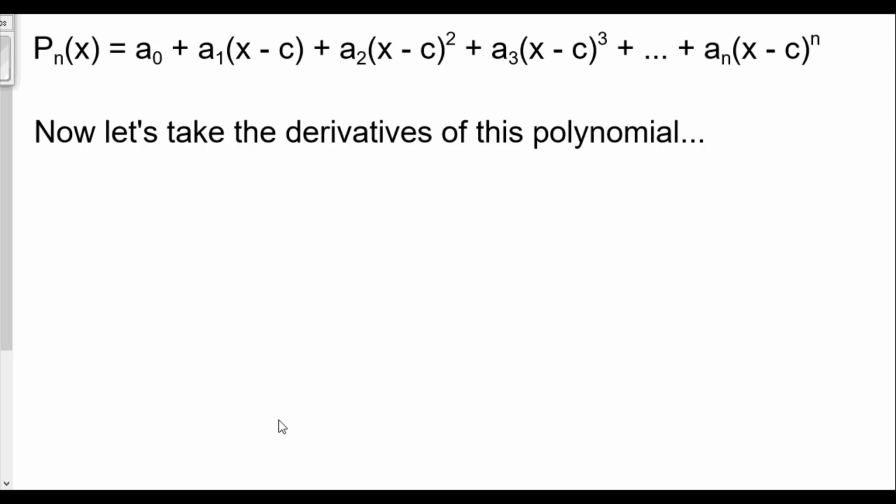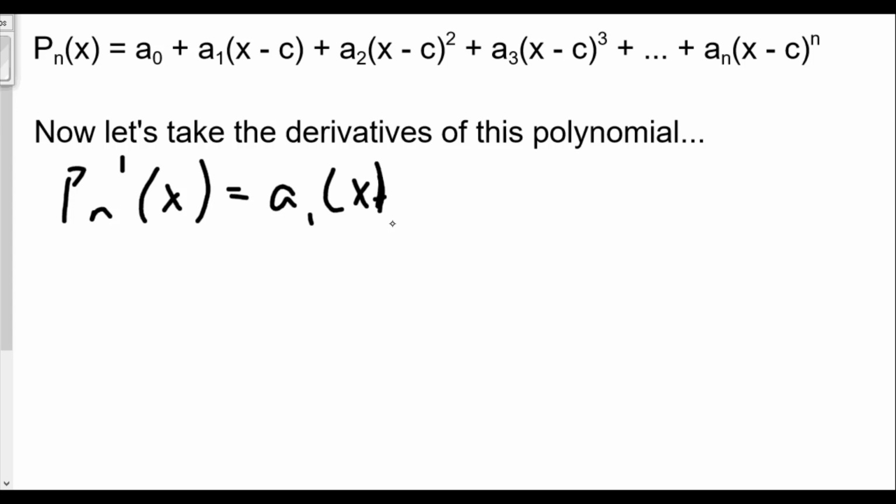So here, P_n prime of x is equal to a_1, actually not x minus c, just x, because the derivative of x minus c, sorry about that, is just going to go to 1. So just a_1, okay?